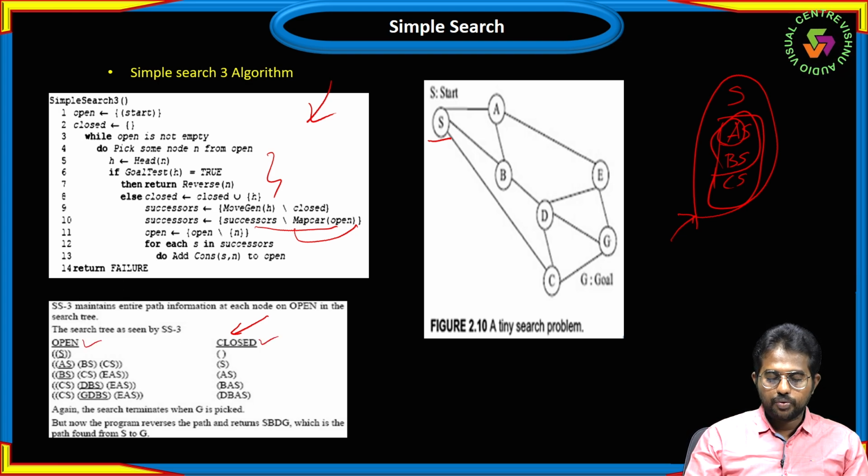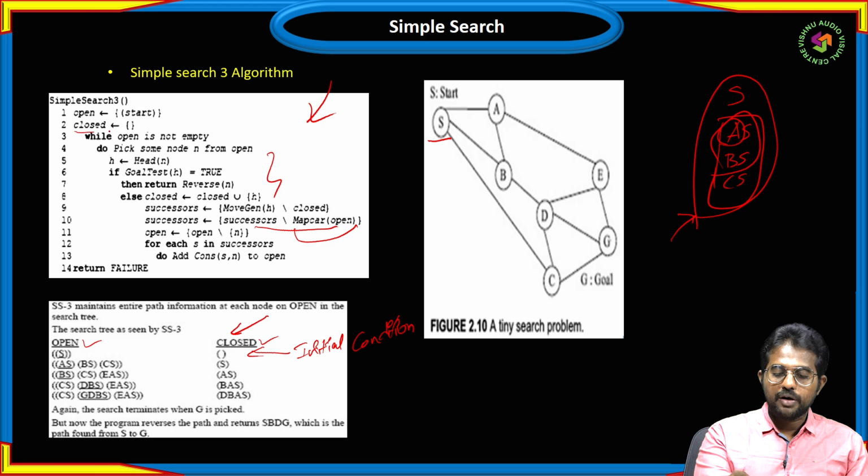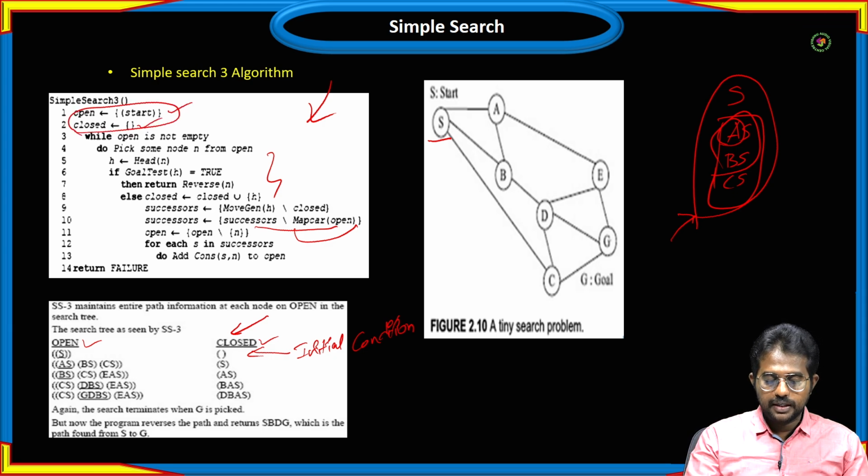First step is the initial condition. In the initial condition, open will have the start node and closed will have nil. So here open has the starting node S. S will be stored in open, and in closed no elements are stored.